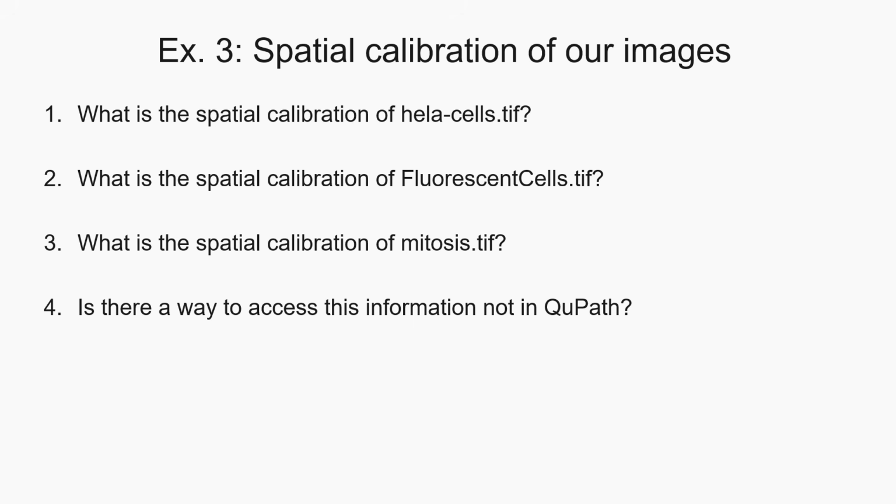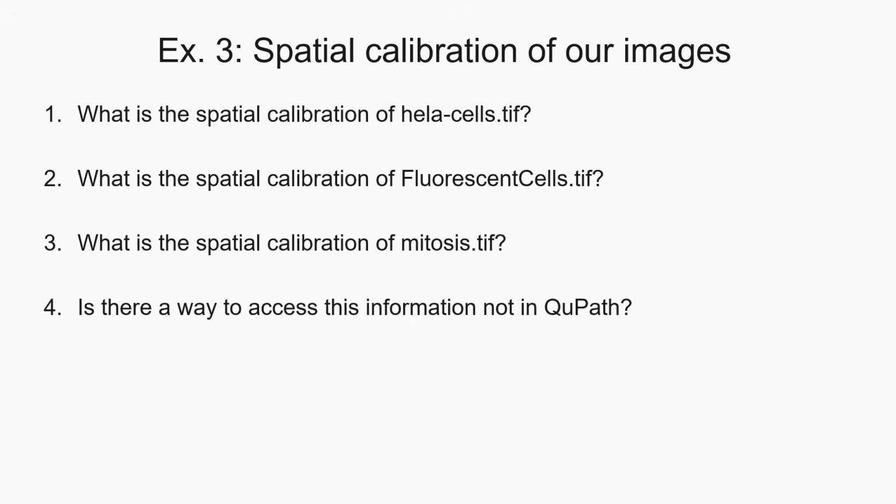For this exercise, we'll practice locating spatial calibration information. We're going to be opening 2 additional images from the ImageJ module. We're going to determine the pixel size associated with each image, and as you do this, think about where this information is stored and how QuPath might retrieve it.